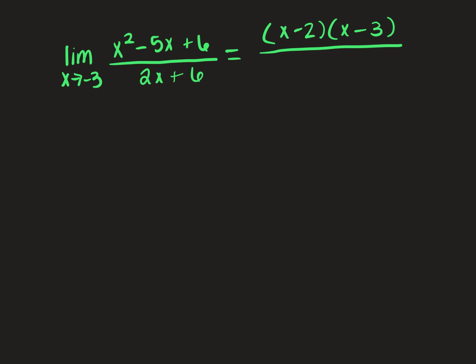And then on the bottom, we can pull out a 2. Wait. We can actually pull out a negative 2 to get x minus 3. If you pull out the opposite sign, it'll switch it. And then they cancel. Wait, but why does it not make x negative?